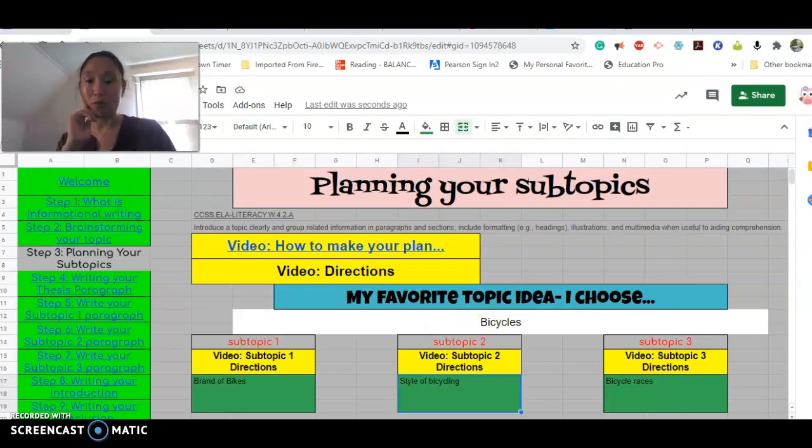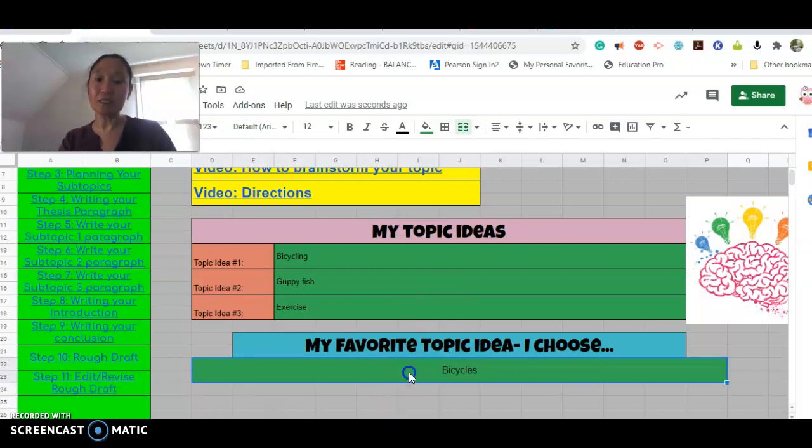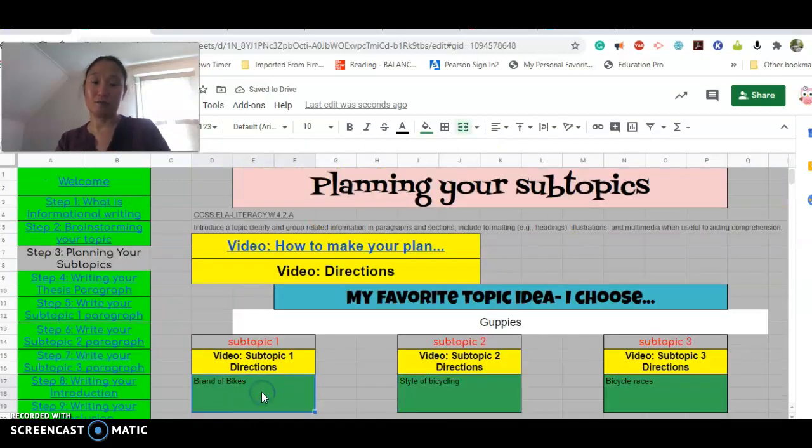Okay, so I'm going to go back here and change this back to guppies. And I got to change types of guppies you can buy in a pet store. Okay.